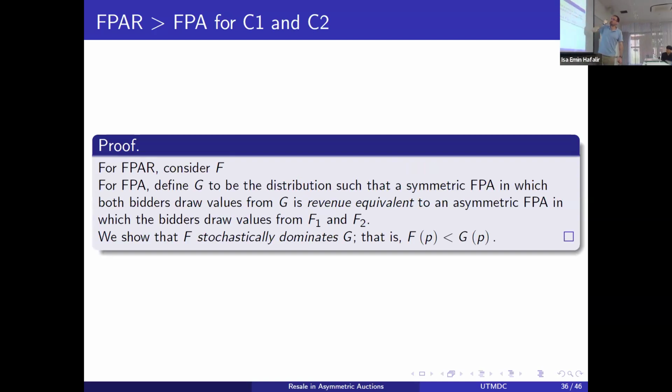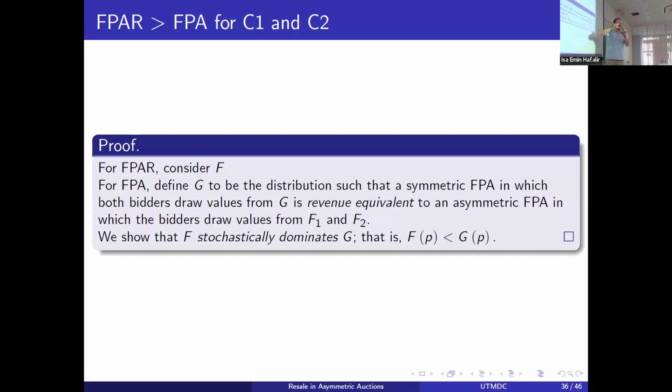So for this one, in order to show that, we consider the G distribution such that a symmetric FPA in which both bidders draw values from G is revenue equivalent to an asymmetric FPA. Then this is different from the F that we defined earlier, because that was in the context of resale, right?